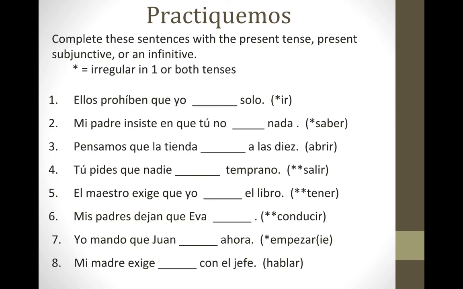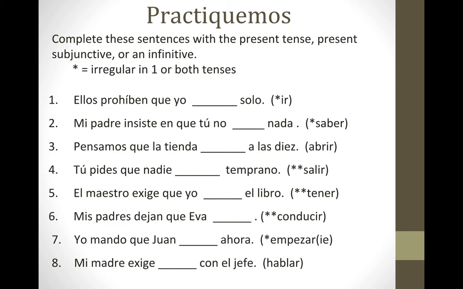Practiquemos. Our directions tell us to complete these sentences with the present tense, the present subjunctive, or an infinitive. If we see an asterisk, that means the verb is irregular in one or both tenses, so irregular in the present tense or in the present subjunctive. Let's do number 1 together. Number 1 says, prohíben que yo solo. They prohibit that I go alone.